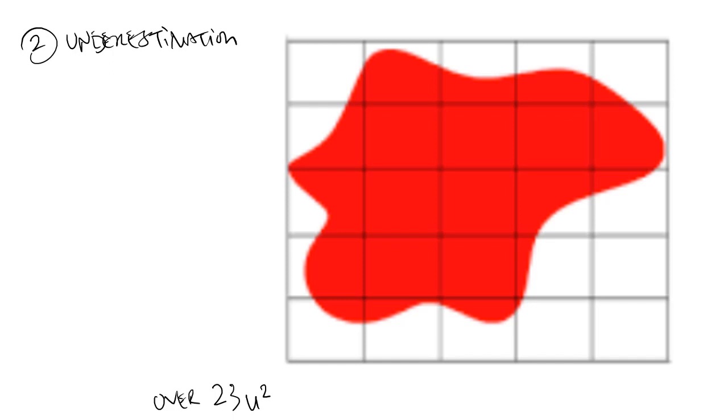Now, let's compare this to our method 2 here, which is our underestimation. Remember before we had 23 as our over. So I'll make a note here. Now our underestimation is we're only going to include the boxes that are completely filled in.